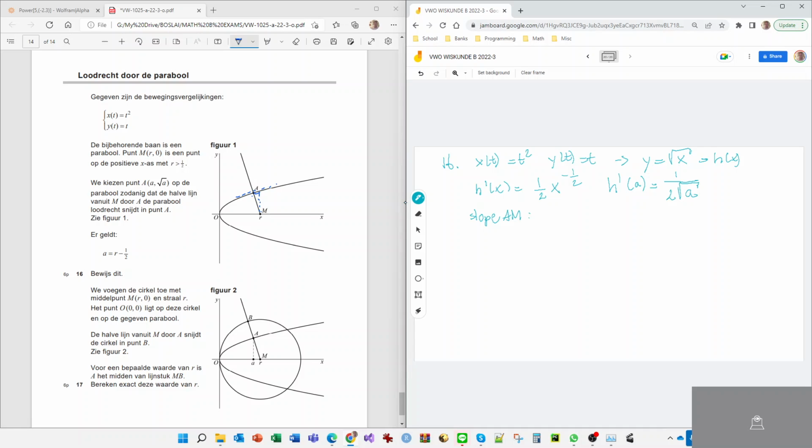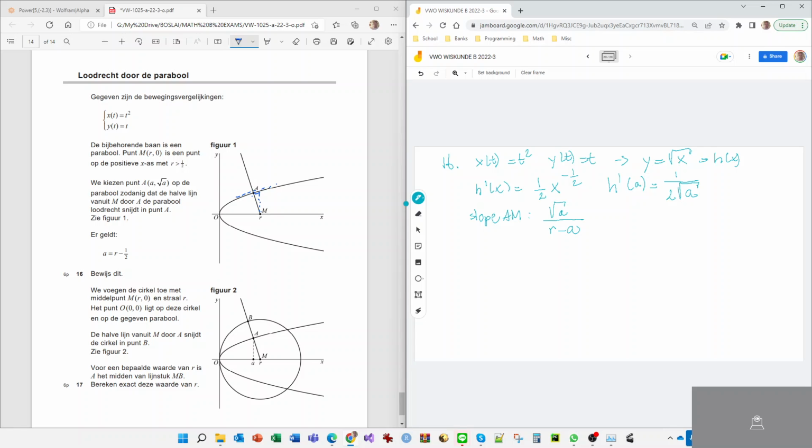Delta y is just square root of A, and delta x is R minus A. And we know that the product of the slopes of two perpendicular lines is -1.